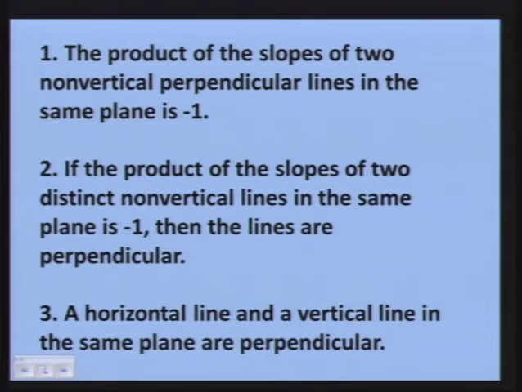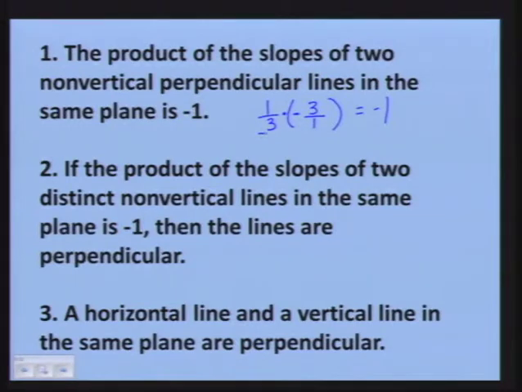Well, let's see. If I multiply 1/3 by something and end up with negative 1, first of all, I've got to have a negative to go with my positive so that when I multiply, I'll get a negative. And then I need the reciprocal of 1/3, which is 3 divided by 1. Then when I multiply, I get negative 1.